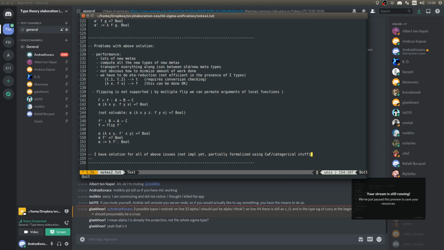But what I do not have yet is this: the solution works for all of these kinds of pattern unification problems in a nice way, but I haven't yet worked on how to do pruning using this solution, and also handling nonlinear spines.